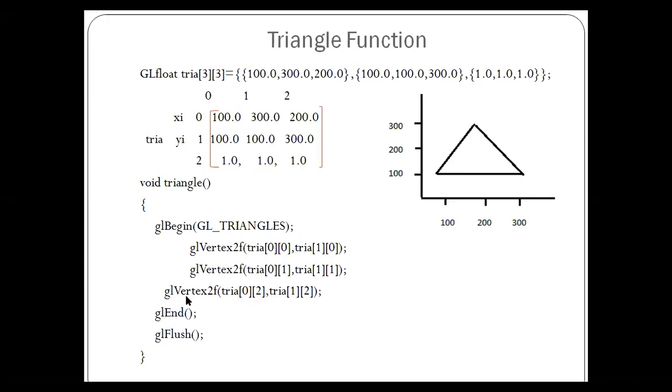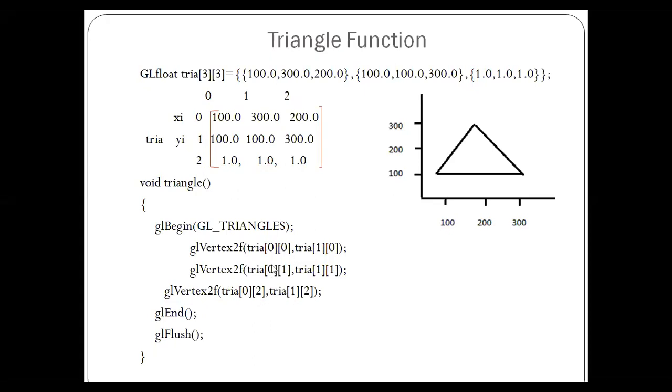And coming to the third point, glVertex2f, triangle of 0, 2, which is 200, and triangle of 1, 2, that means 300. So this is 200, comma 300. I've got all the vertices: 100, 100, 300, 100, 200, 300.